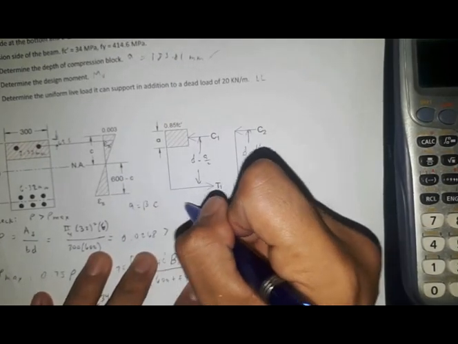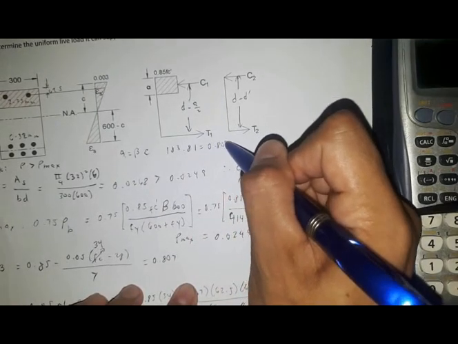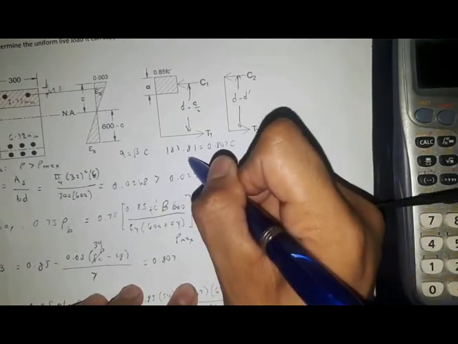So we have 183.81 equals the beta factor from earlier, which is 0.807C.